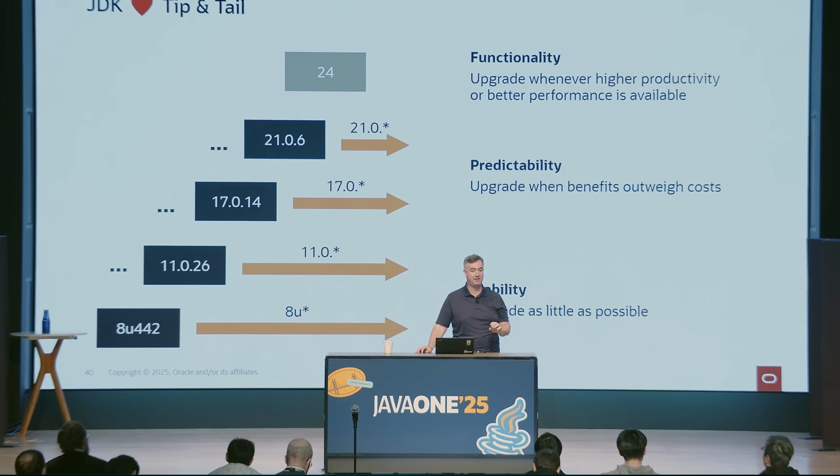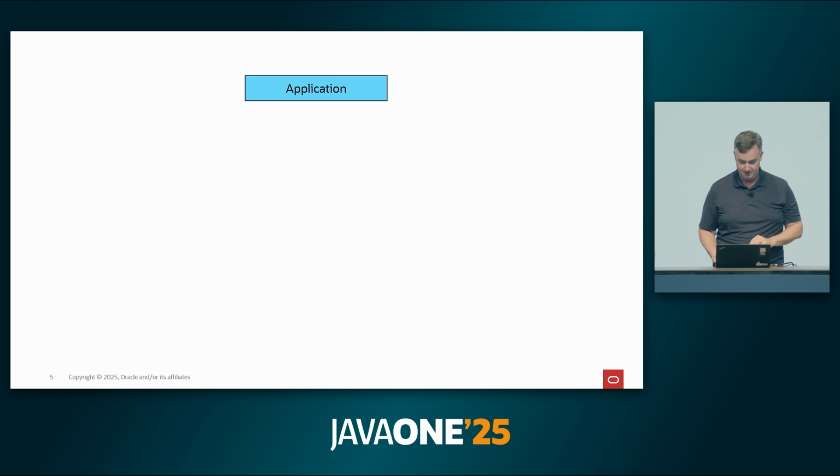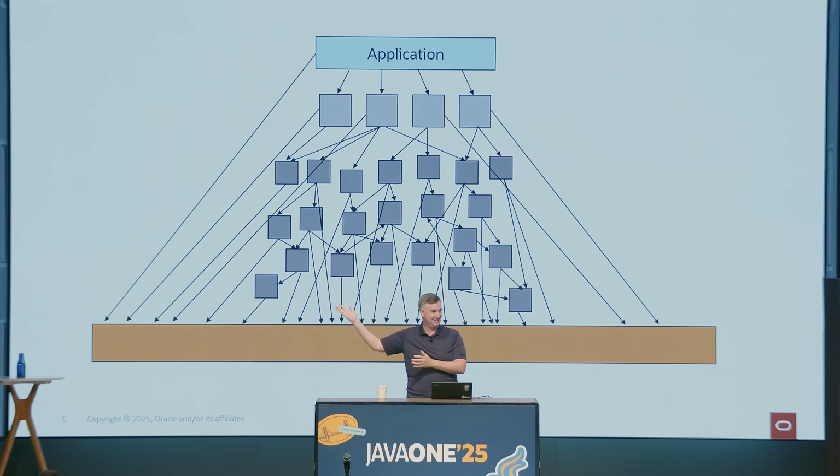Let me go all the way back to this: every Java application in existence. It may be that the application is more functionality and forward-looking, but the libraries in the middle, either external or internal to the organization, may be a little more stability-oriented. Perhaps they have much less resource than the application.